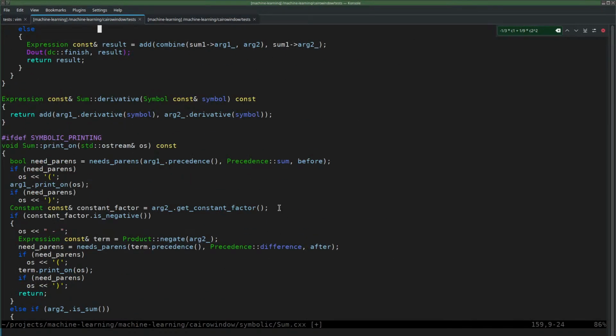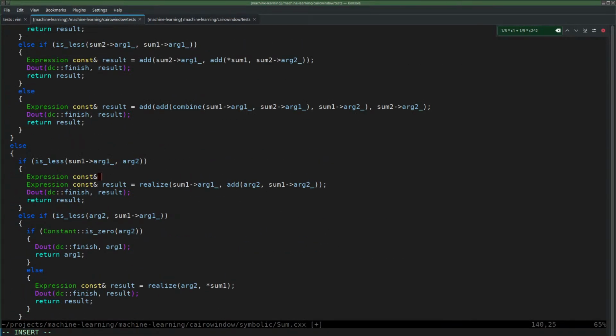Sum 1, sum 2. I don't know. Well, any name will do. Partial. What's this?